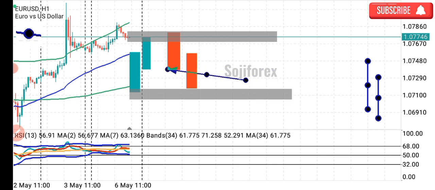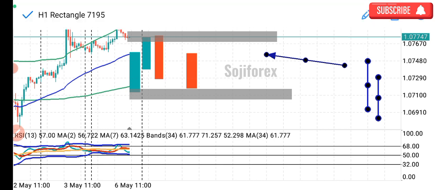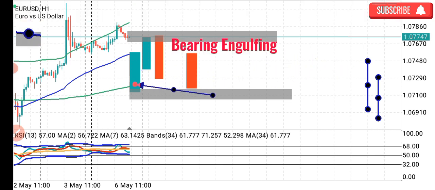Okay, now we're having the market pushing up, a bullish candle, then all of a sudden we have this bearish candlestick formation. You now see that from this previous bullish candle, we have this bearish engulfing candlestick formation that engulfs the previous bullish candle, and this gives us a reversal signal for a sell trade confirmation.